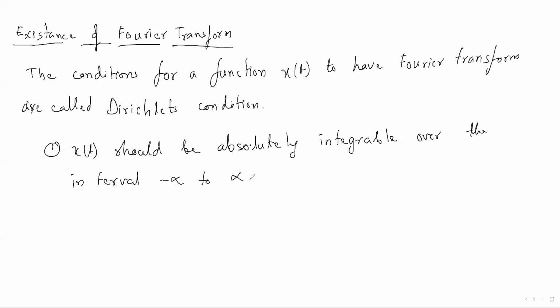In the Fourier series, this limit was from 0 to T, a single time period, but for the Fourier transform it is from minus infinity to infinity. By representation, you can say the integral from minus infinity to infinity of mod x(t) dt should be less than infinity. You can say the area of the signal from minus infinity to infinity should be finite. Then only we can apply the Fourier transform.